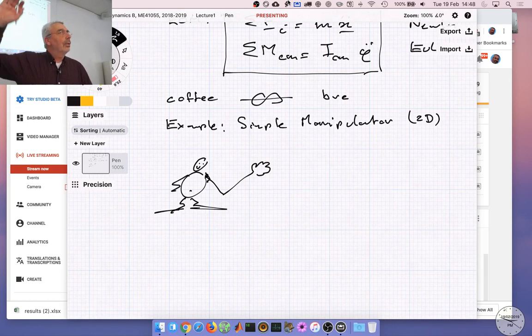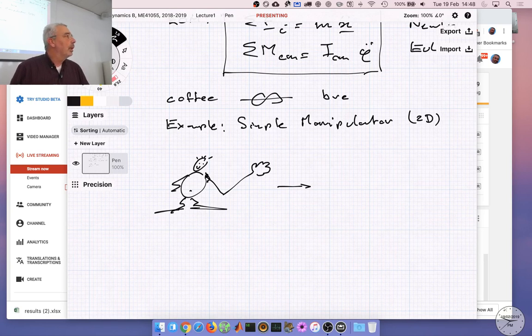This is already an interesting manipulator. We sort of use it every day, right? Now, this is the reality. I have some here. And then we usually make a model of things because real life is too complex.